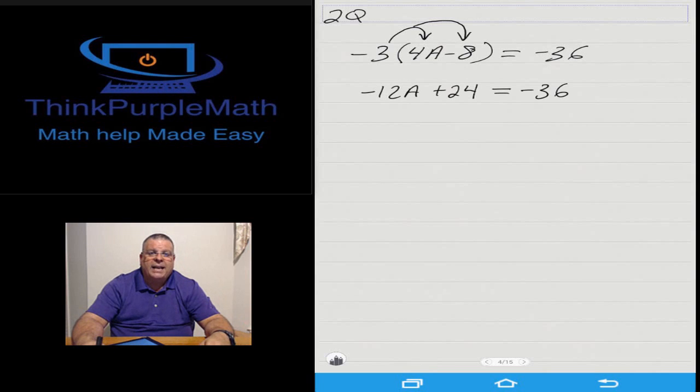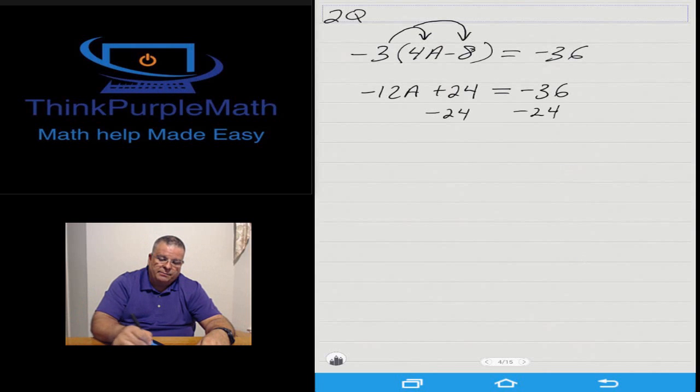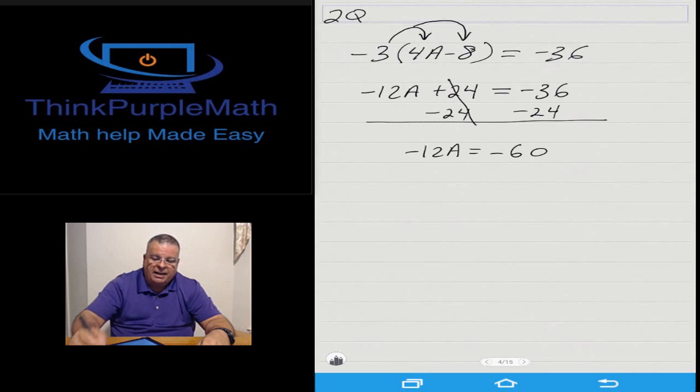All right, the next step has to go in a certain order. We must subtract 24 on both sides. And we're not at the division step. That would be our final step. And I get a negative. 2 negatives being added gives you a larger negative by the addition rule.